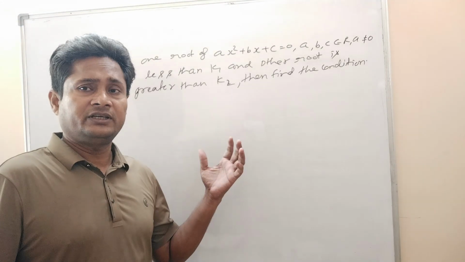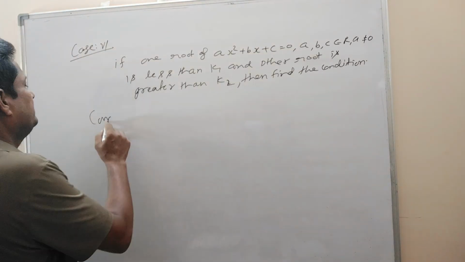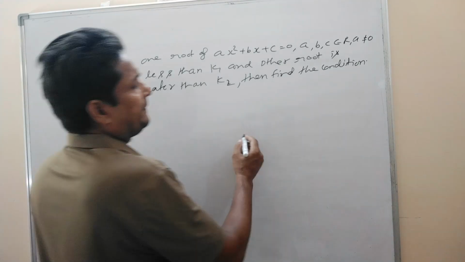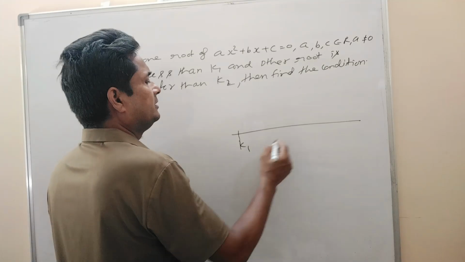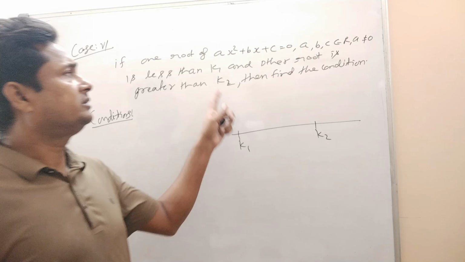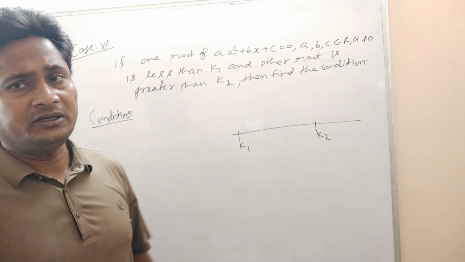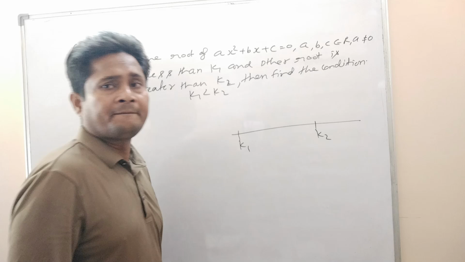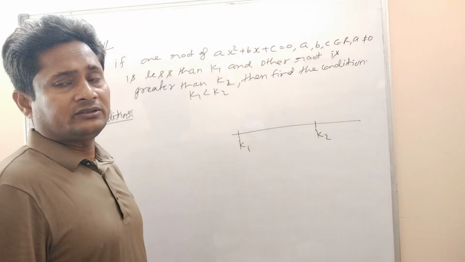What can be the cases in this case? So what can be the conditions? See here, from the question, it is saying that one root is less than k1 and the other root is greater than k2. K1 is less than k2, it is given. So what can be the possible cases here?